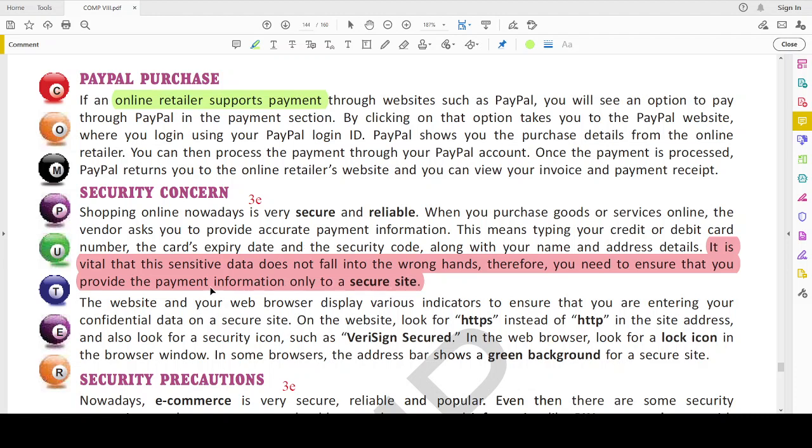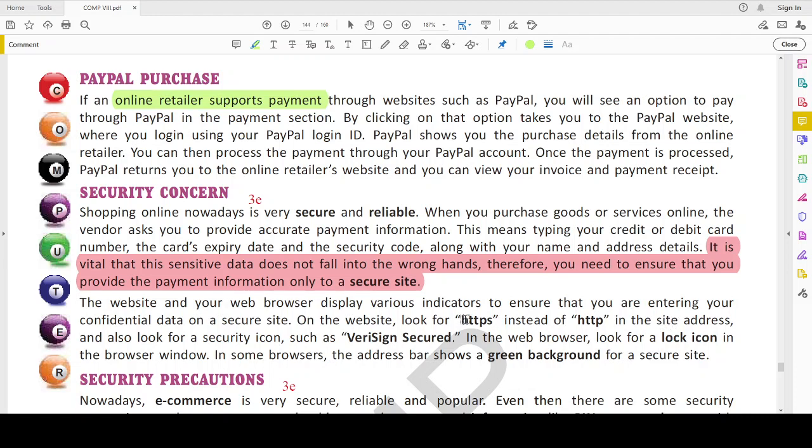So on the website where we are paying, we should look for the following things to make sure that this is a secure website. What are the things? We should look for HTTPS instead of HTTP in the address bar of the website.